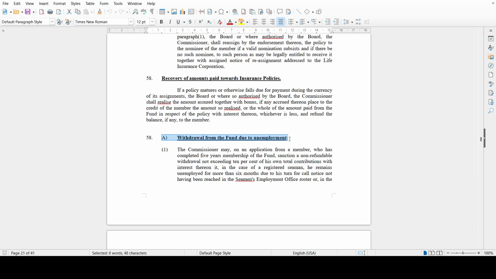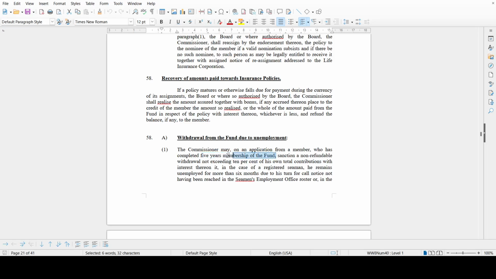So the first condition under which you can apply to withdraw the funds is withdrawal from the funds due to unemployment. What is the condition? The commissioner may, on an application from a member who has completed 5 years membership of the fund, if your tenure in this Seaman's Provident Fund is not 5 years or more, you cannot withdraw your funds.